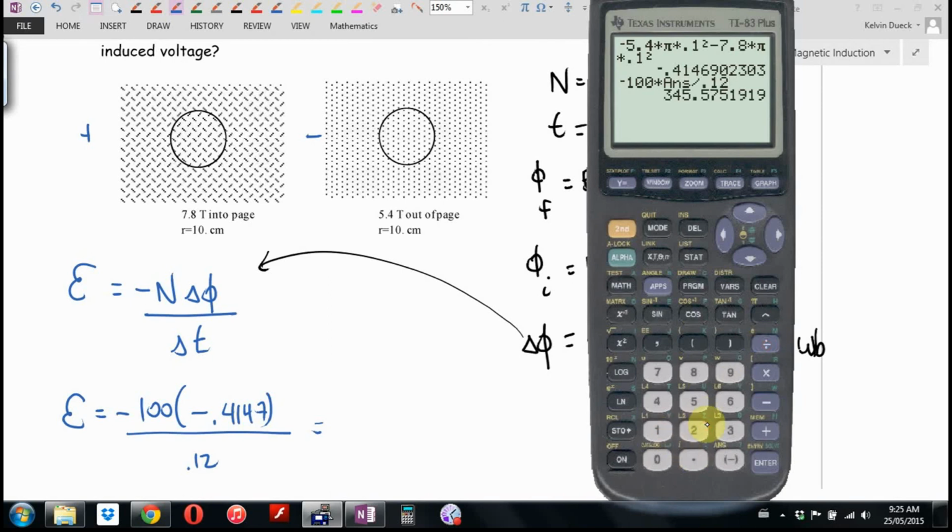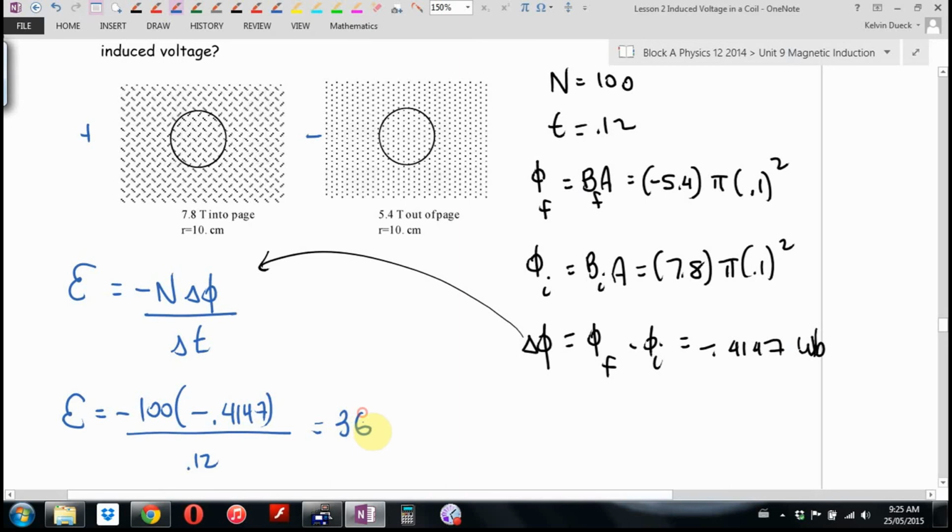Oh, hey, now we've got a generator. 346 volts. That's something. That'll power stuff. 346 volts. Okay.